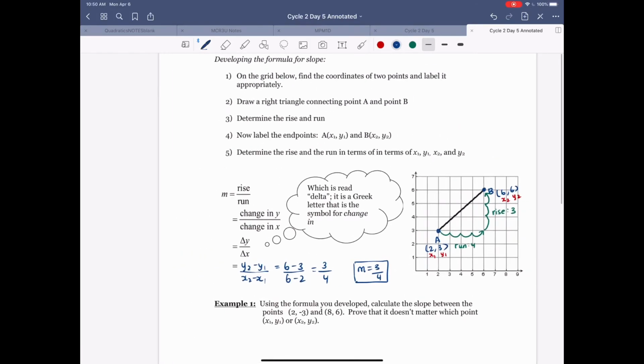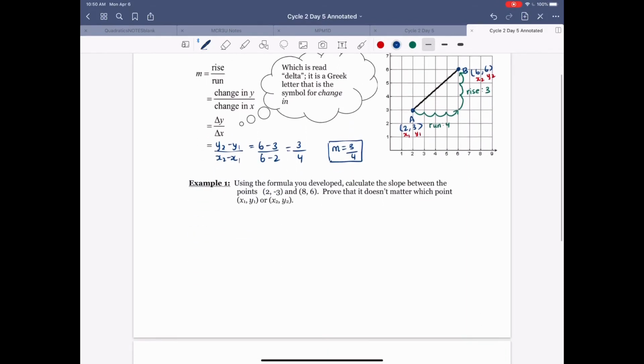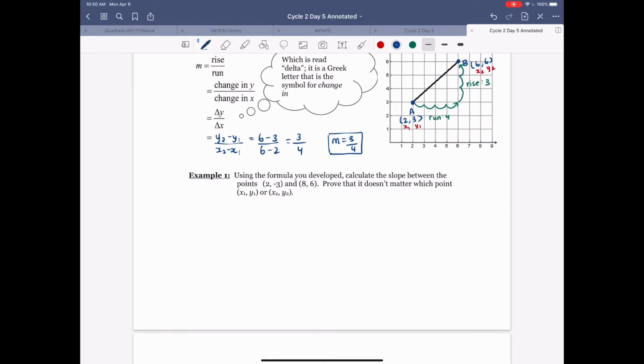Does that make sense? Well, it's positive. It's going up. It's not super steep. It's about a slope of 1, but not quite. So slope is about 0.75. Slope is 3/4.